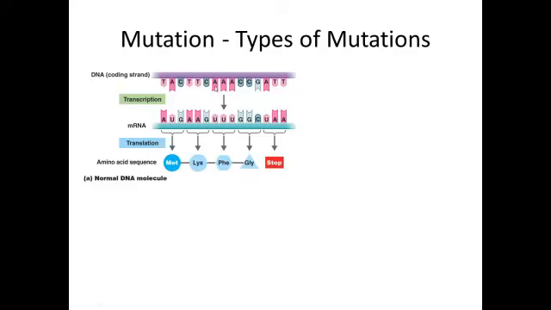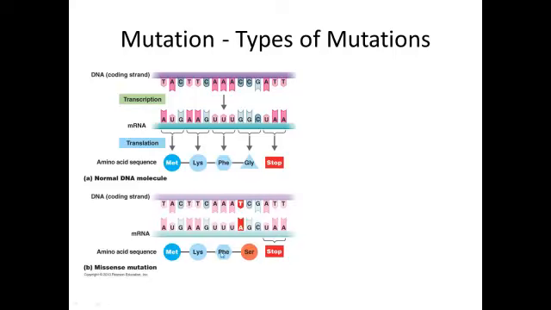In this scenario, here's the coding strand of the DNA. We've got our triplets, our DNA words, and here's the mRNA that gets made. Here are the codons, and here is the amino acid sequence of the original DNA molecule. Now here we get a change. This C gets accidentally changed to a T, so the triplet reads for serine instead of glycine.